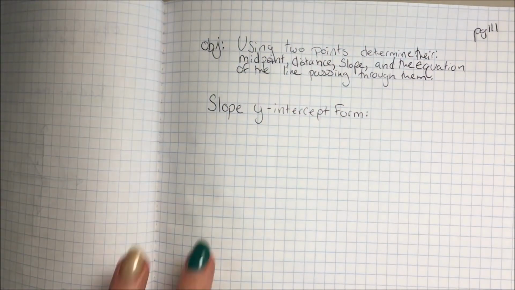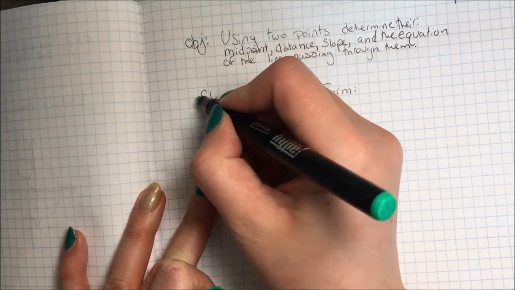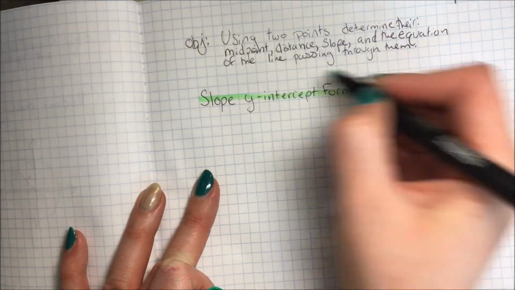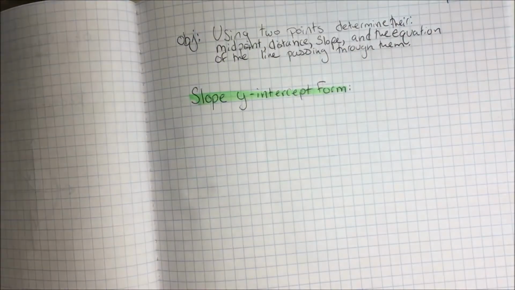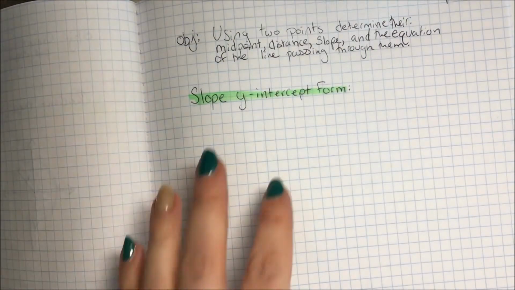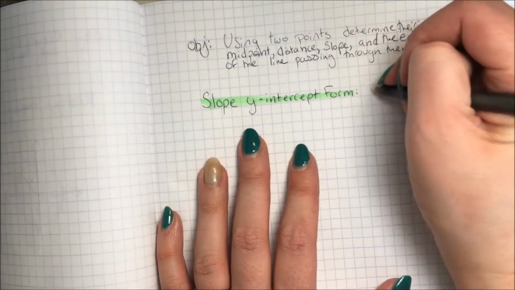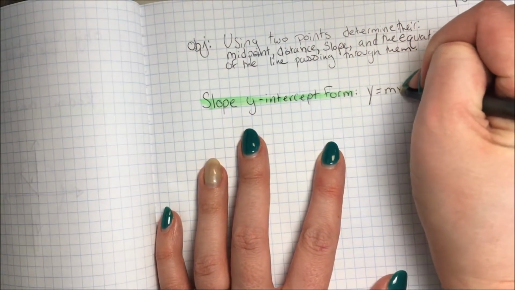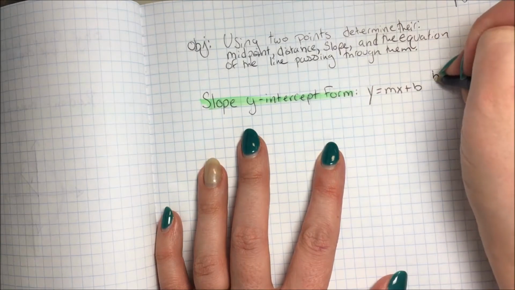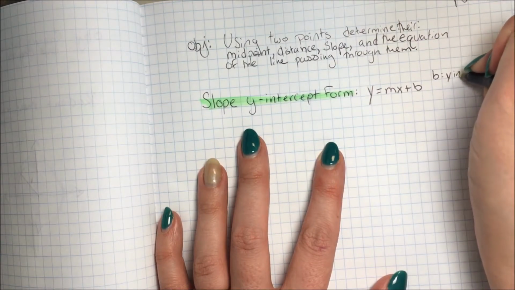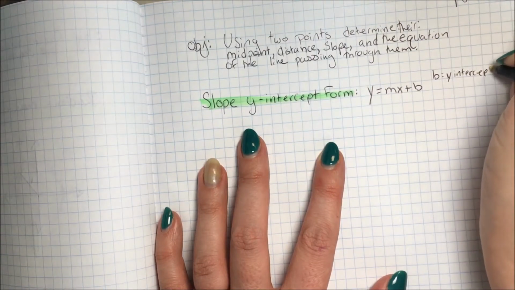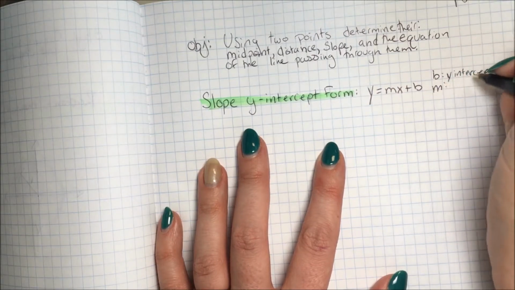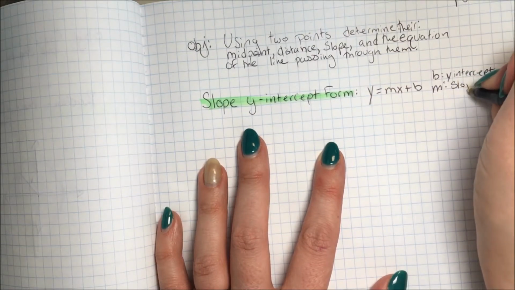So what is slope y-intercept form? When we're graphing a line, we typically graph it in the form y equals mx plus b, where b is the y-intercept and m is the slope.